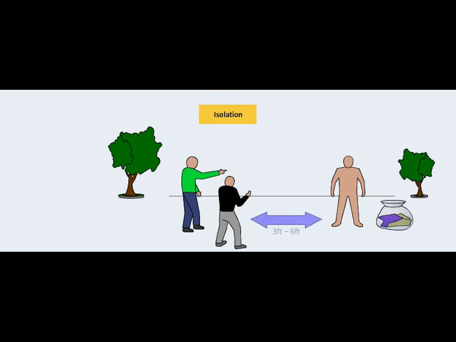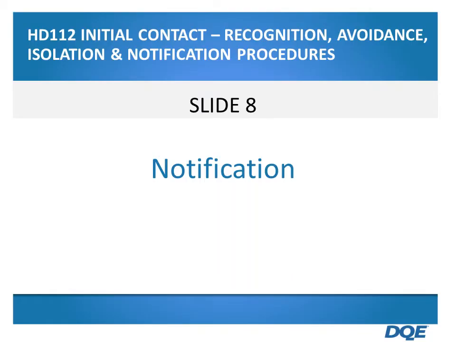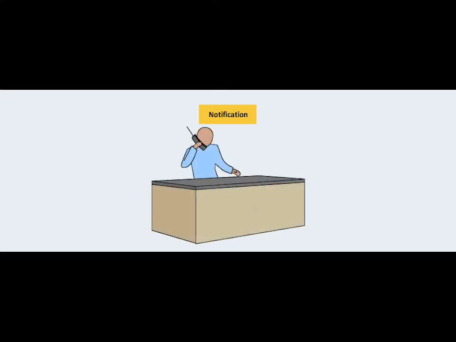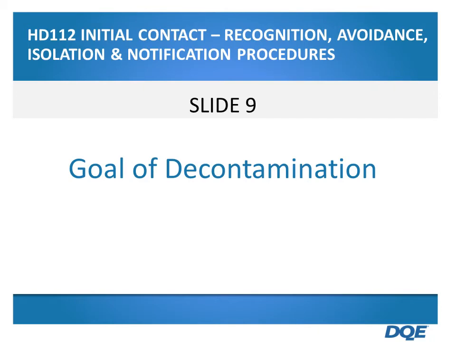It also serves to keep people from going into close proximity to someone potentially contaminated. Notify the appropriate support. You need to know whom you should notify within the hospital, giving them as much information as possible about the patient to help ensure the appropriate response is initiated.